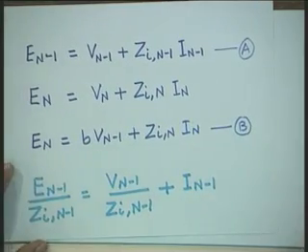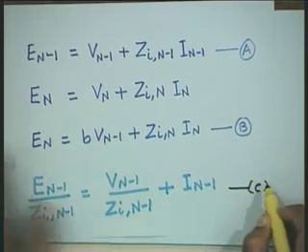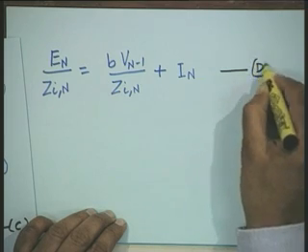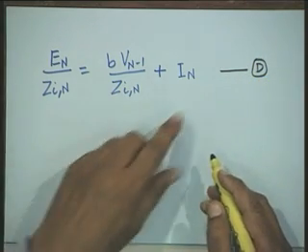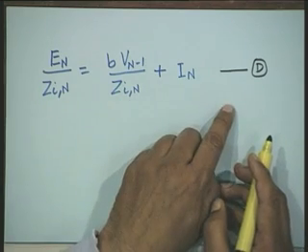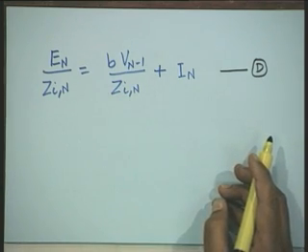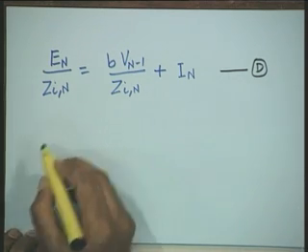We shall number this equation as C, and number this equation as D. The next step will be that you multiply this equation D by B star and add to equation C. Then what will you get now?